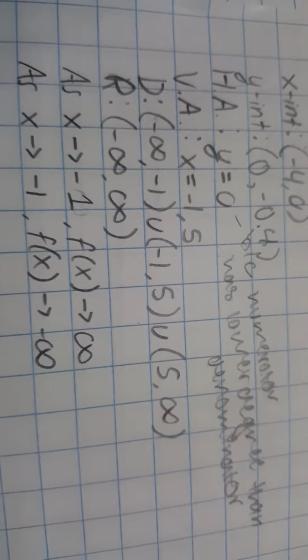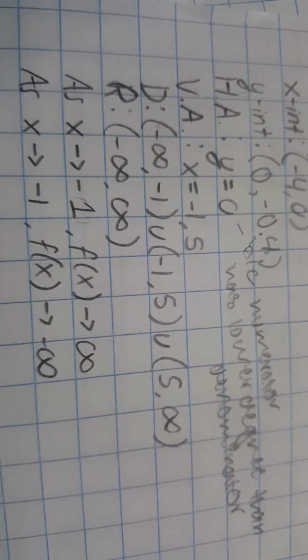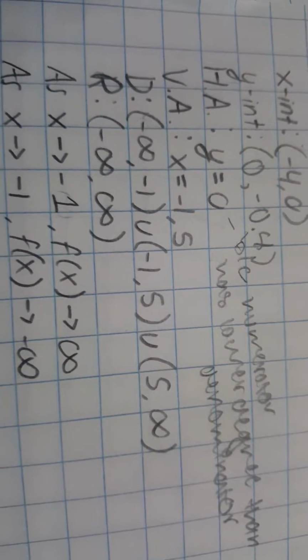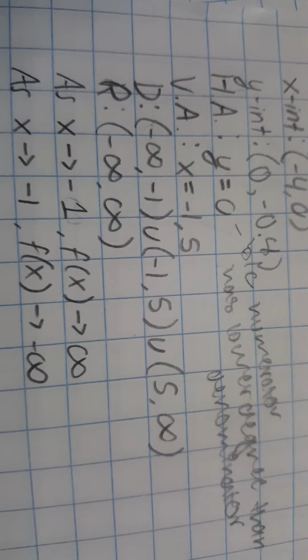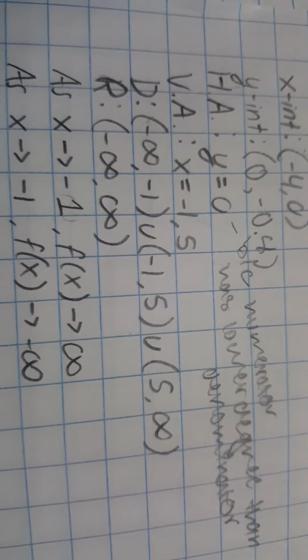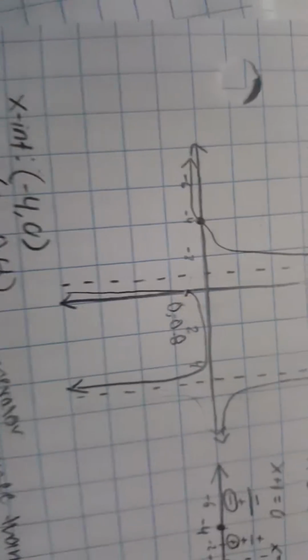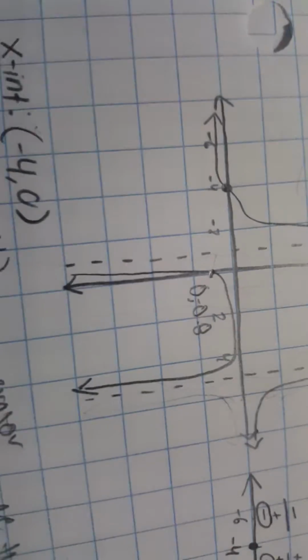So our domain is negative infinity to negative 1. This negative infinity ends at negative 1 because that's the vertical asymptote. And then the graph begins again at negative 1 through 5, right here.